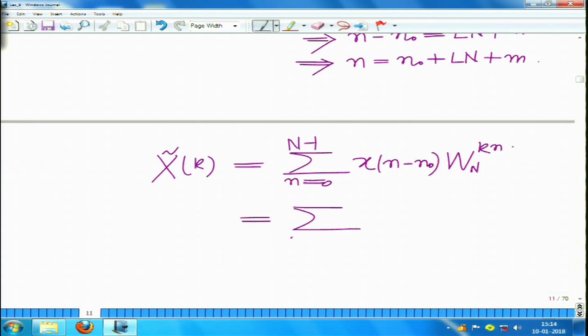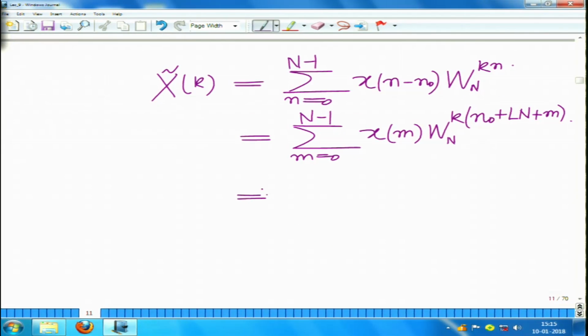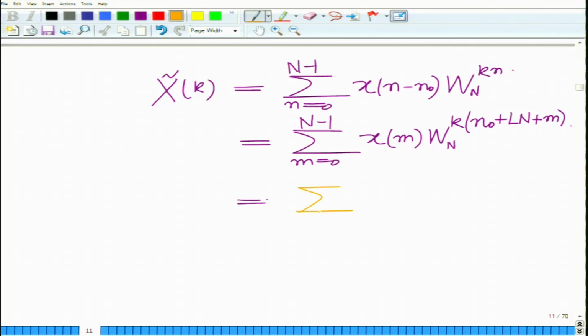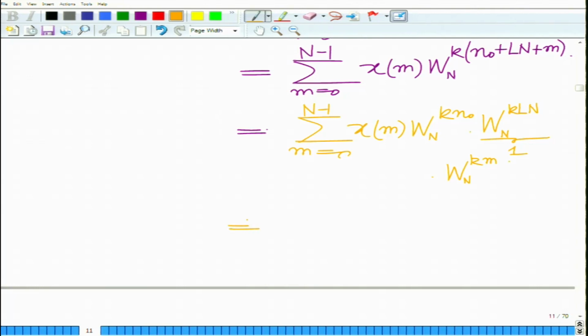So, this will be the summation, where m also goes from 0 to N−1, of x[m] W_N to the power k times (n0 + LN + m). This is equal to the summation m equal to 0 to N−1 of x[m] W_N to the power kn0 into W_N to the power kLN, which is 1, into W_N to the power km.